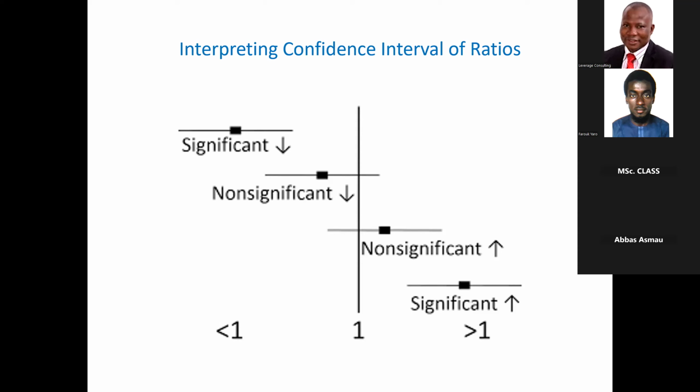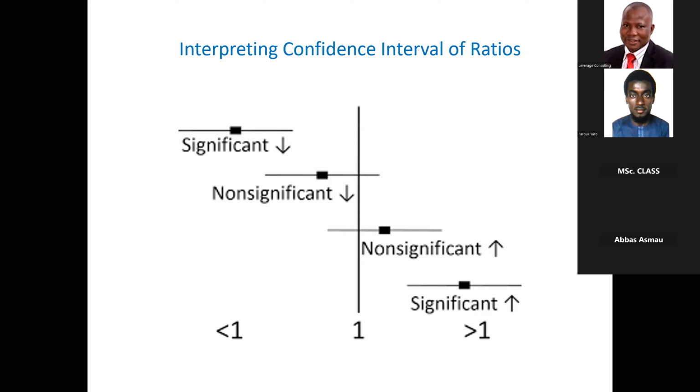Yes, sir. Sir, but I have a question. Okay, ask your question. So if it's less than 1, if it doesn't cross 1, it's still significant. If it's more than 1, as far as it doesn't cross 1. Listen. When you say less than 1, you are talking about the odds ratio or relative risk itself being less than 1, and the confidence interval does not cross 1, it is significant.